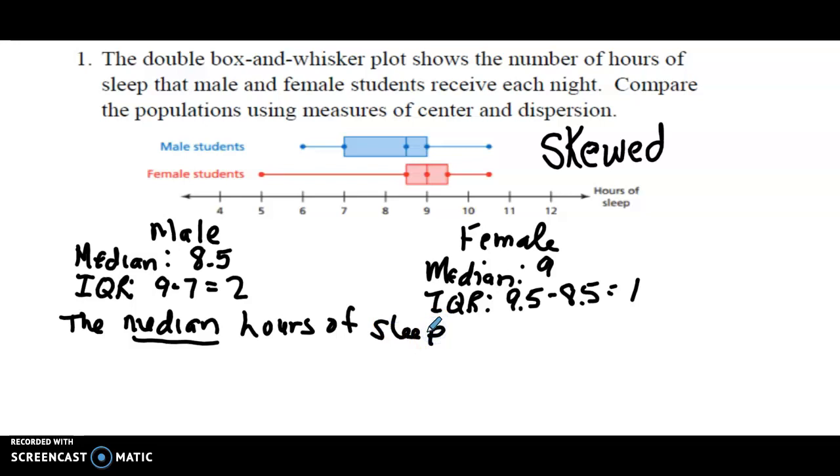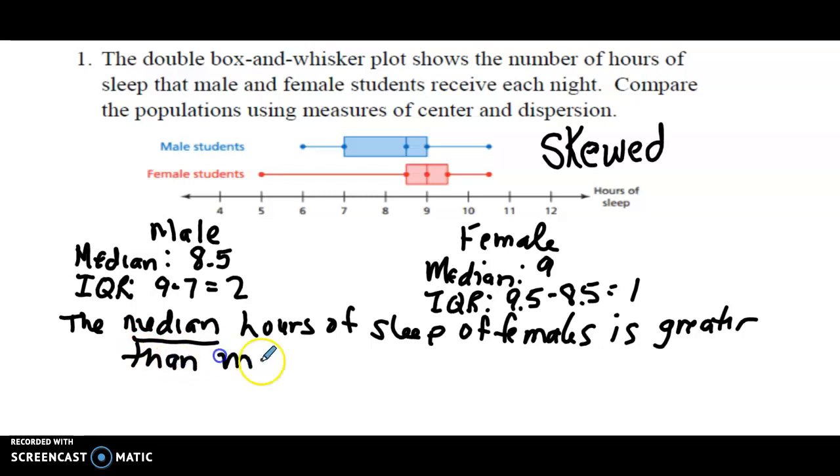And I like to put the bigger one first. So I would like to talk about females because they had a bigger median. So median hours of sleep of females is greater than males. Again, you would have to have that comparison word in there because that's the purpose of these problems.